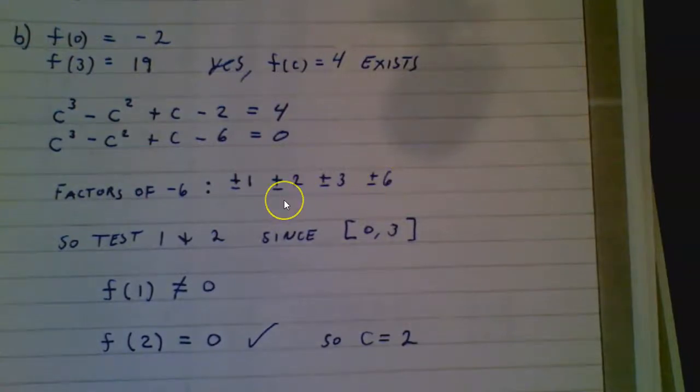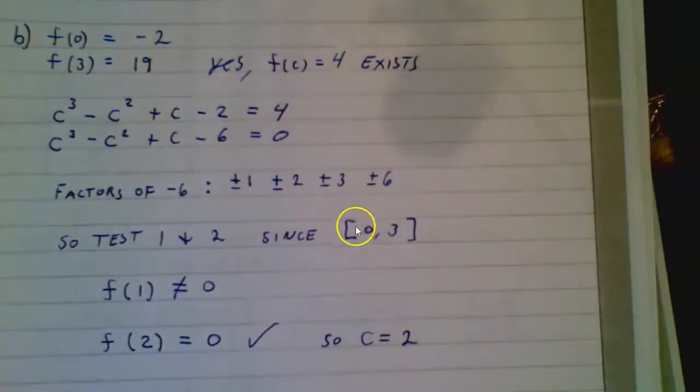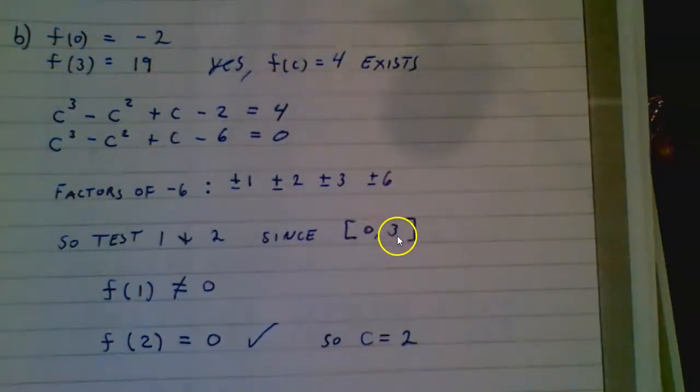What we are looking at is we saw that the domain was only from 0 to 3. Right? So as far as these are possible x's that would create the zeros, within this domain, I can only look at 1 and 2 as options. So those are the only two that I would have to test.